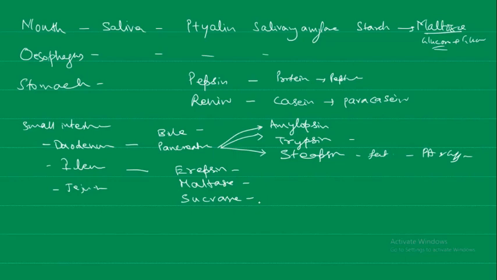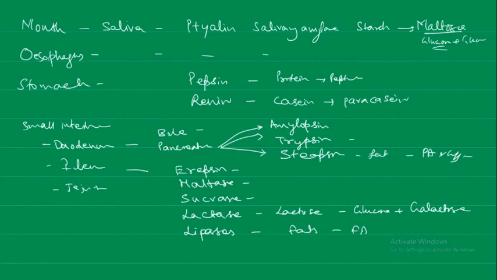Then lactase, it is going to convert the lactose sugar that is present in milk into glucose plus galactose. This is important. And then we have the intestinal lipases. These lipases are going to convert the fats into fatty acids and glycerol.